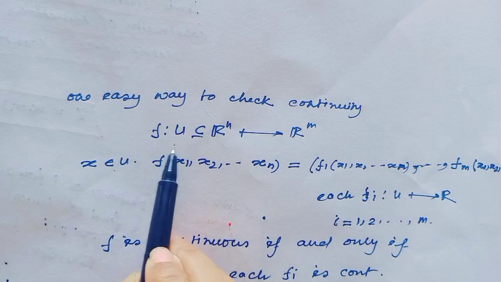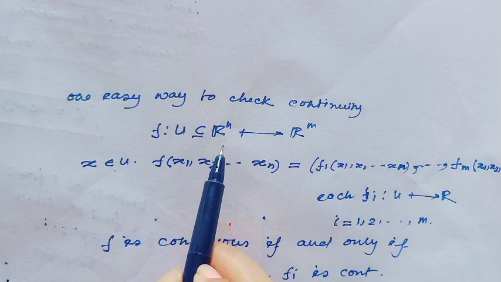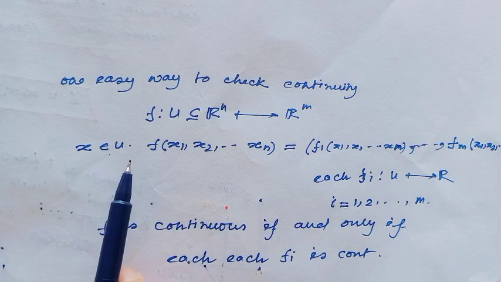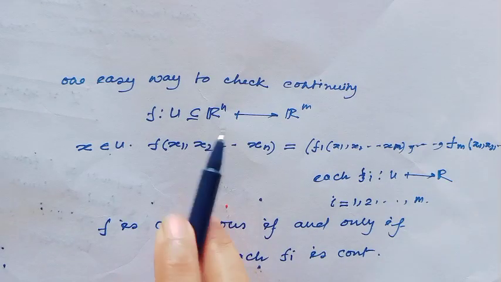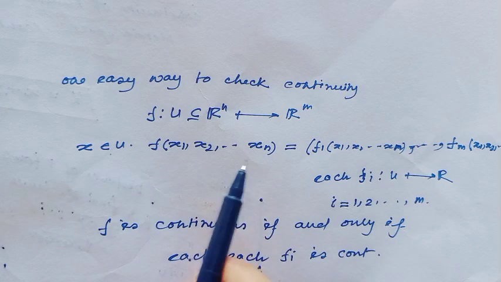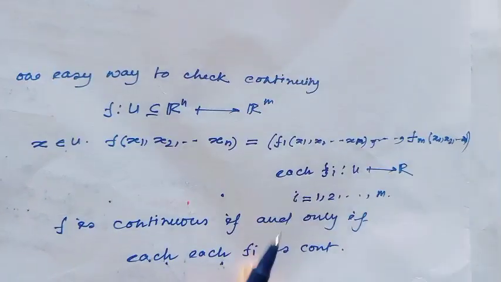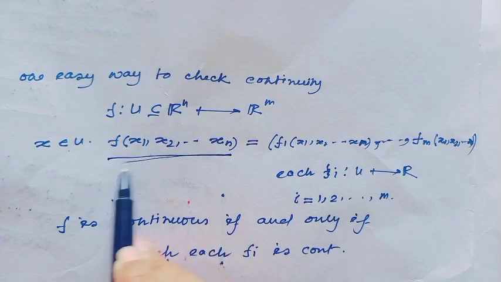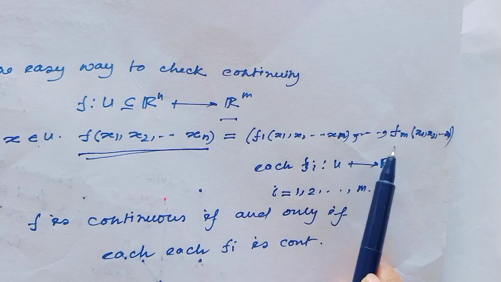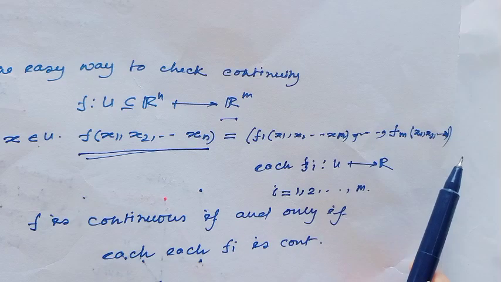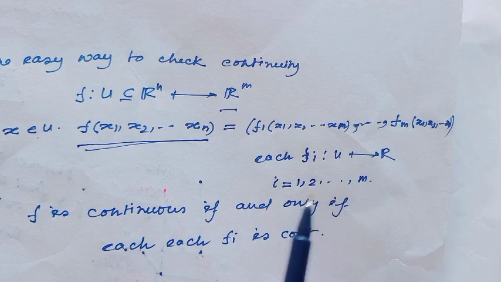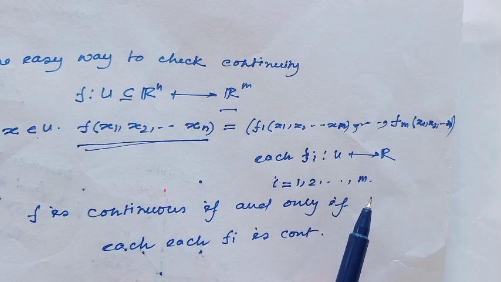If f is defined from U to R^m, where U is a subset of R^n, and x belongs to U, here x belongs to U means x has n components, x1, x2, up to xn. f of (x1, x2, ..., xn) equals, here the image would have m components, so f1(x1, ..., xn) up to fm(x1, ..., xn), where each fi maps from U to R, where i equals 1 up to m.